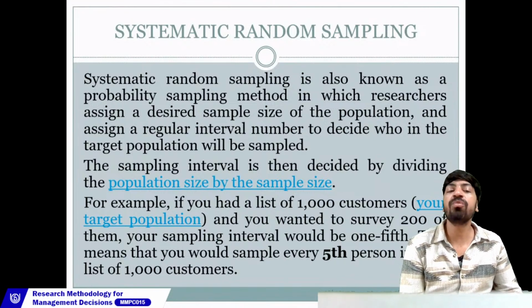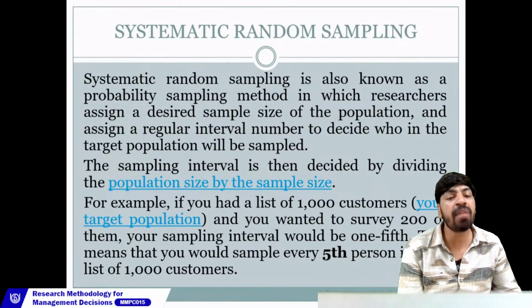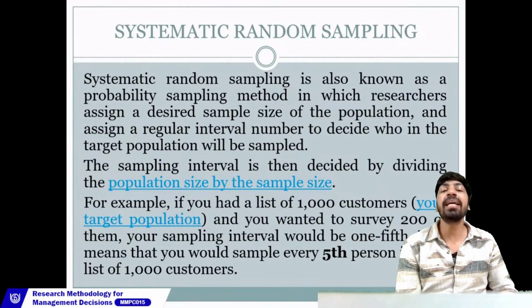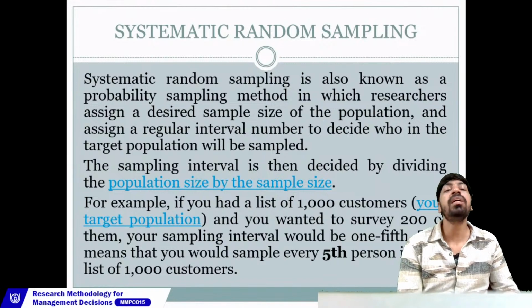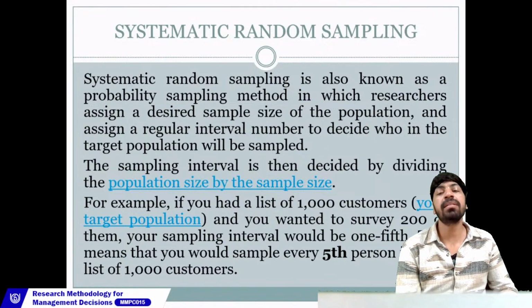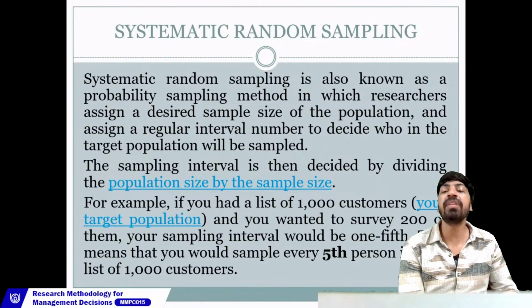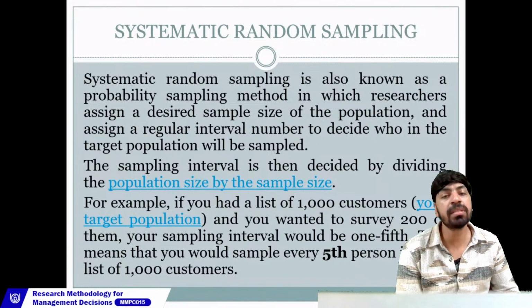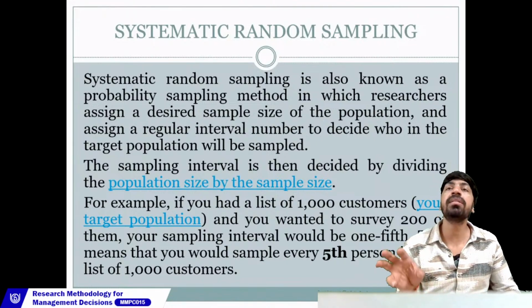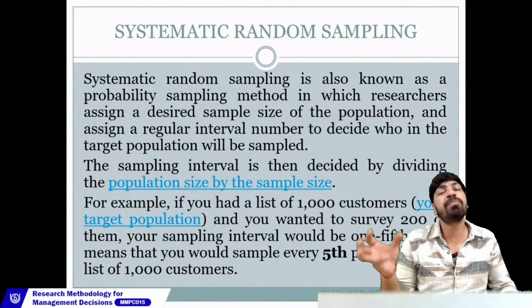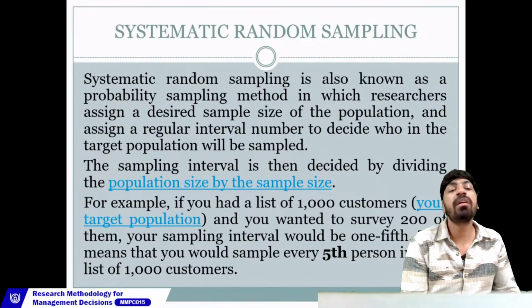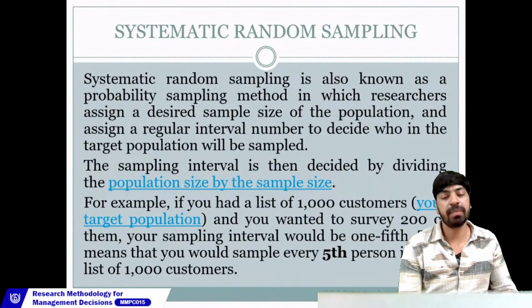The sampling interval is a reciprocal of the numerical value which is estimated by dividing the population size by the sample size. So in the example we get the fifth person. So every fifth person is selected or sampled from the 1000 customers.